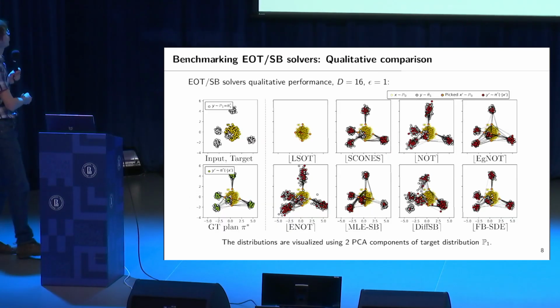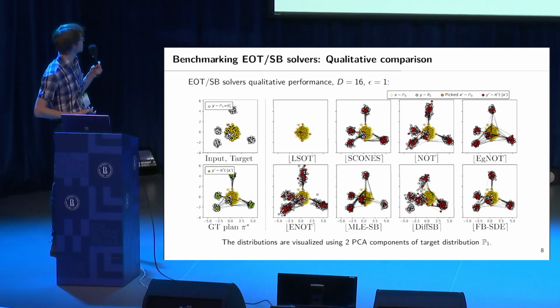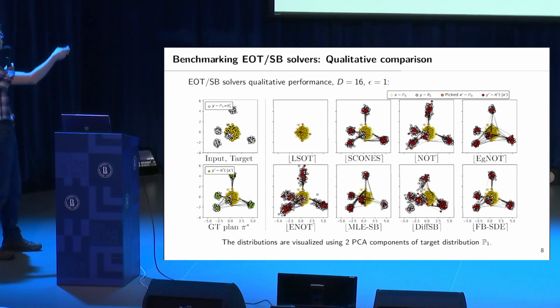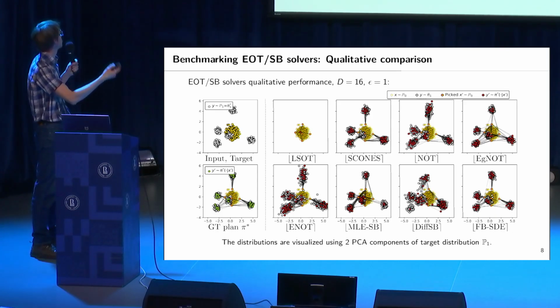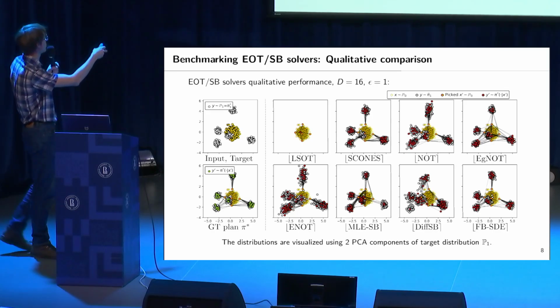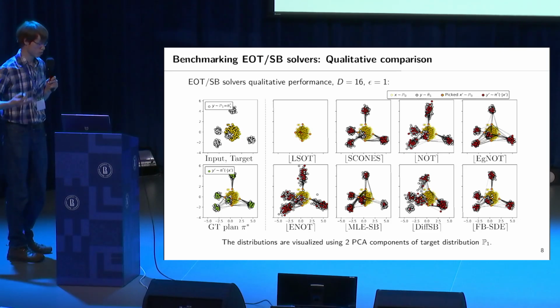On this slide, we provide an example of how it works in practice. Here we build a benchmark pair depicted in the first column. So yellow points here are the source distribution. It's a 16-dimensional space, just a PCA projection. And the other points depict the target distribution.